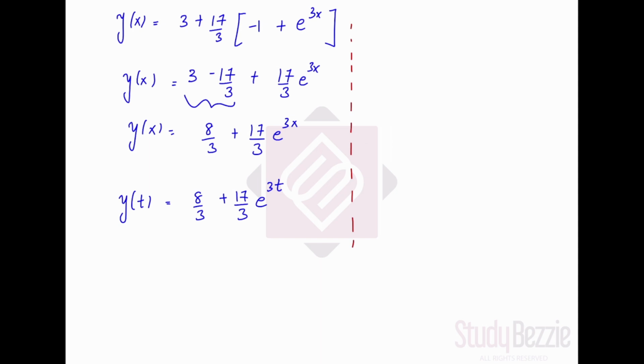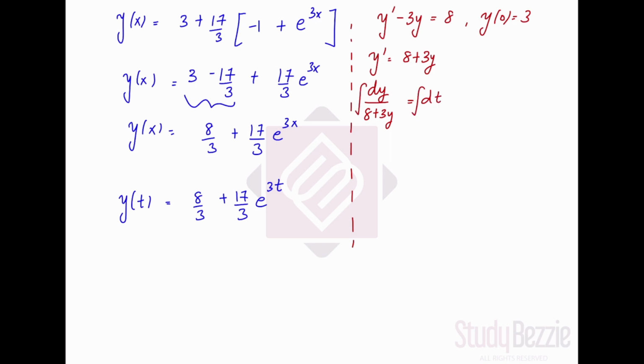Okay, so my differential equation was y prime minus 3y equals 8, and the initial condition was y of 0 equals 3. If you rearrange this, you get y prime equals 8 plus 3y, and from this you get dy over 8 plus 3y equals dt.